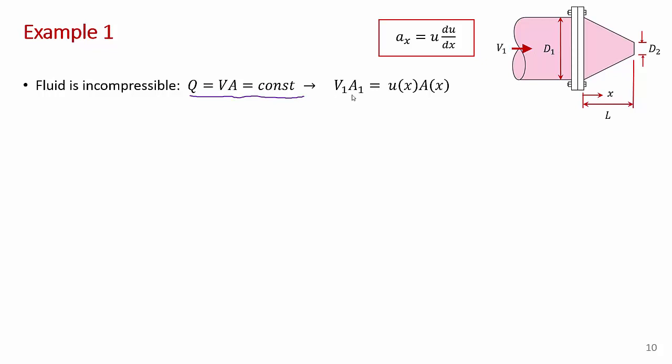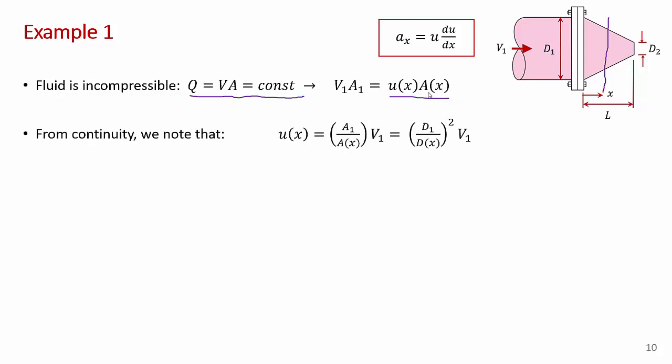So using v1 and the cross-sectional area at 1, that's got to equal the velocity at any x location in the nozzle times the cross-sectional area at that cross-section in the nozzle. So we can solve for u(x). And we get that it's A1 v1 over A(x), where A(x) is the cross-sectional area.